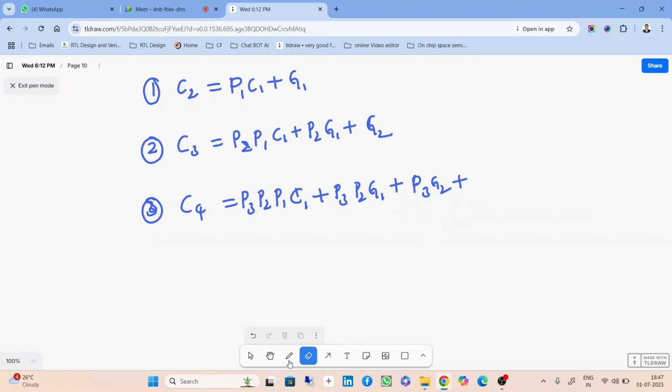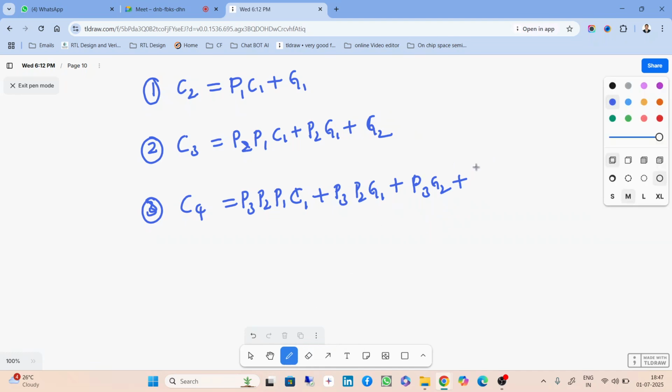So I will take two 4-bit values and try to analyze these equations. Can you tell two 4-bit numbers, or shall I take? Tell me some 4-bit binary values.